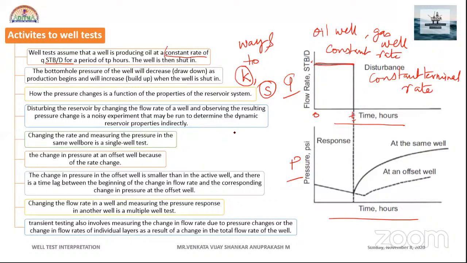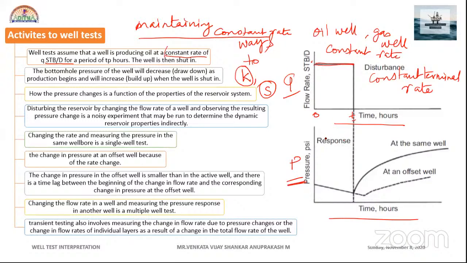How do you get these values? Pressure as well as the flow rate. So here we are maintaining a constant rate, at which we are obtaining the pressure response.